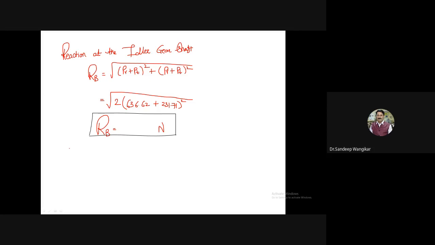Calculate fast. 2 times (PT plus PR) square. If you substitute the values and take the square root, what is the answer?